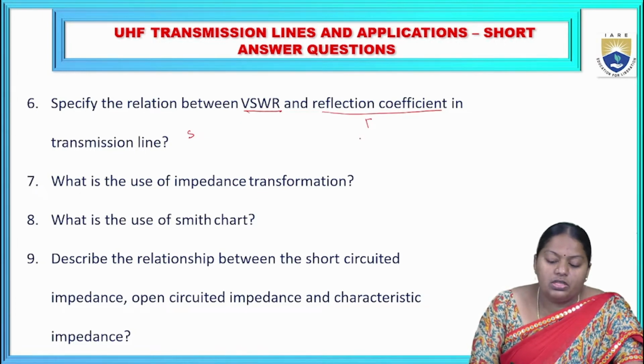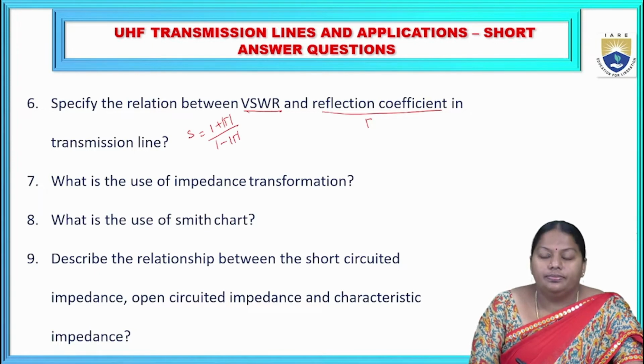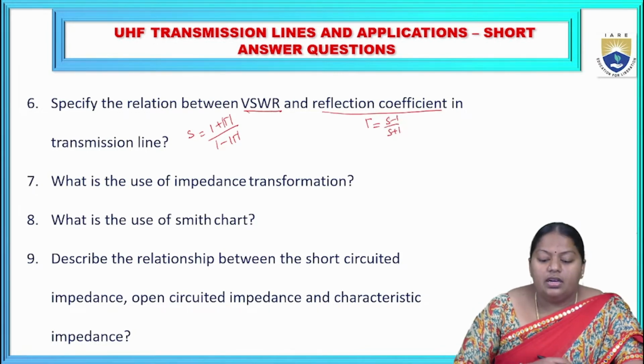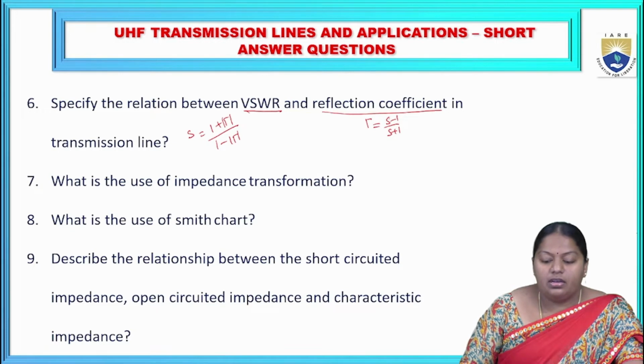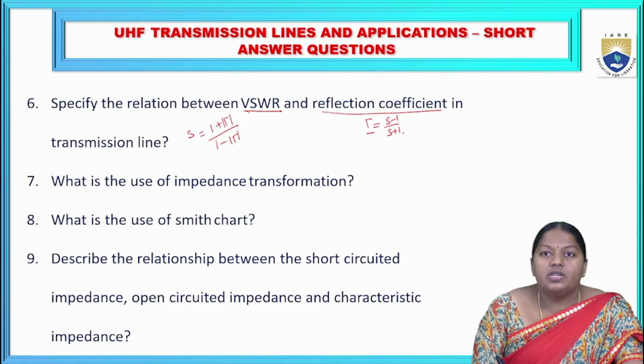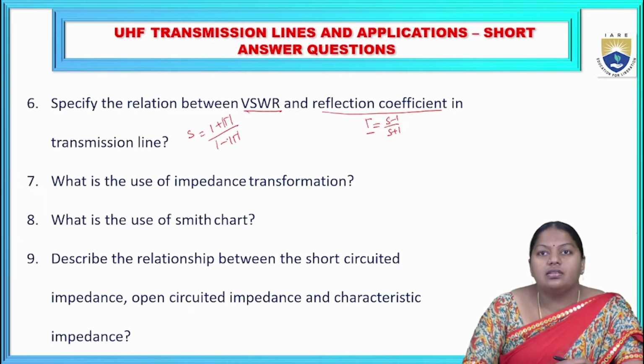Then the relation between these two: S in terms of gamma can be written as 1 plus gamma by 1 minus gamma, and the reflection coefficient gamma in terms of S is S minus 1 by S plus 1. Right? So gamma equal to S minus 1 by S plus 1 and S equal to 1 plus gamma by 1 minus gamma.